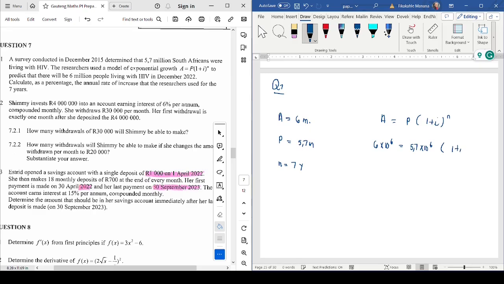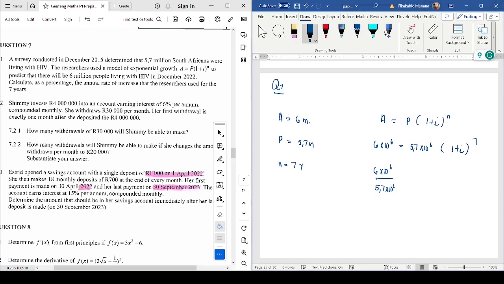We are looking for our interest, the annual rate, over 7 years. Now it's a matter of doing some algebra. So 6 times 10 to the power 6 divided by 5.7 times 10 to the power 6.